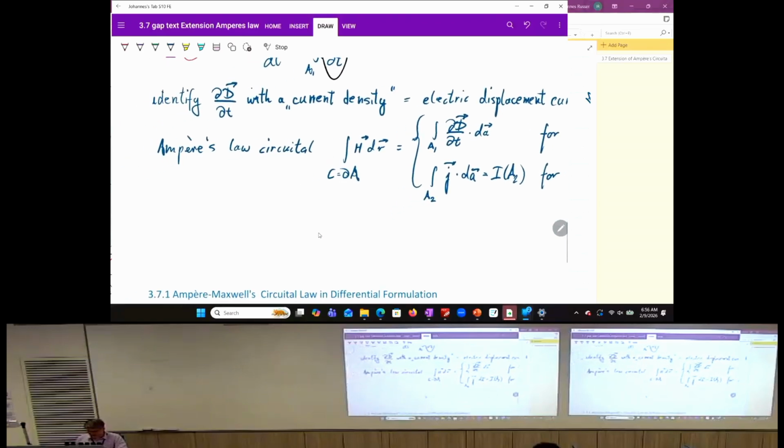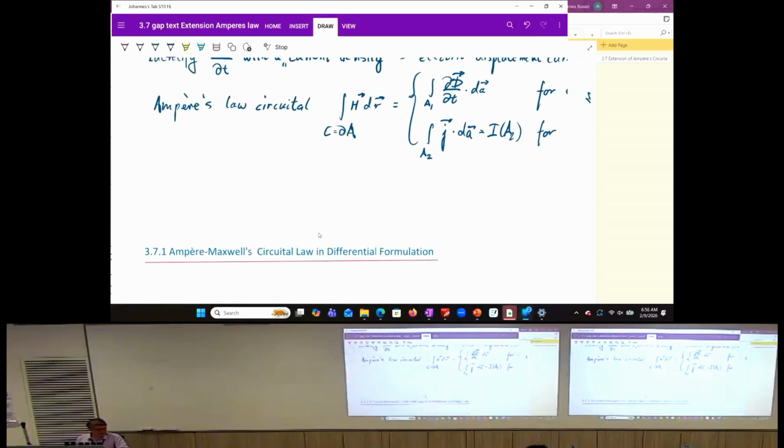So this modification to Ampere's law is called Maxwell's extension.